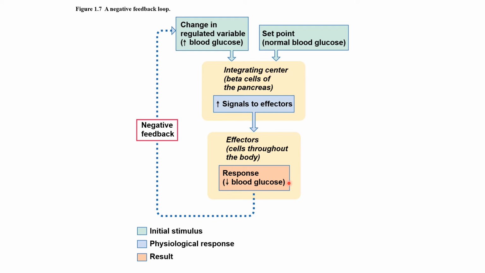So that's why we refer to the negative feedback loops as homeostatic feedback loops, because they're always trying to counteract the change, and they're always trying to bring you back to that normal range. Or instead of calling it normal range, you can call it your normal set point. Same thing.